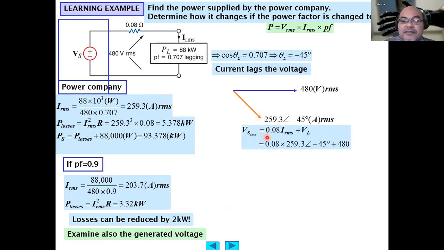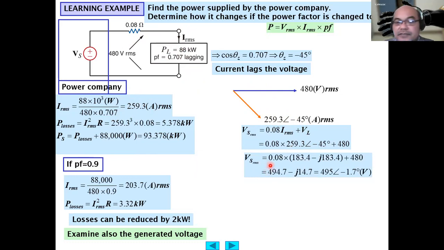Then the voltage of the source equals 0.08 times the Irms, the resistance, plus the VL: 0.08 times 259.3 ampere with a phase angle of minus 45 degrees, since it is an inductive circuit, plus 480 volt, the load voltage.